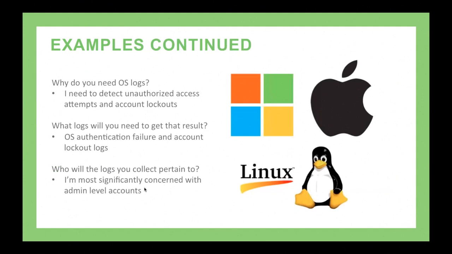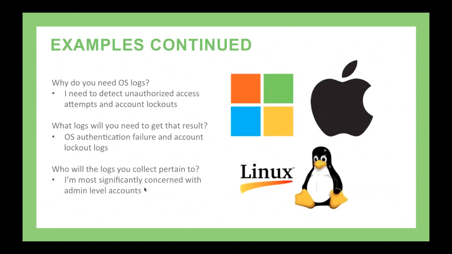So that's a really easy thing for us to focus on, and it's not entirely a major challenge to identify that data. So again, that who question helps us figure out what we are doing with this data after we've collected it. And in this case, we're focusing on those admin level accounts.